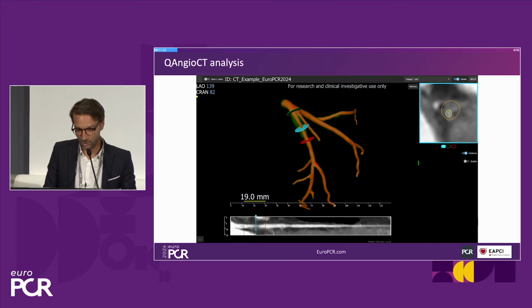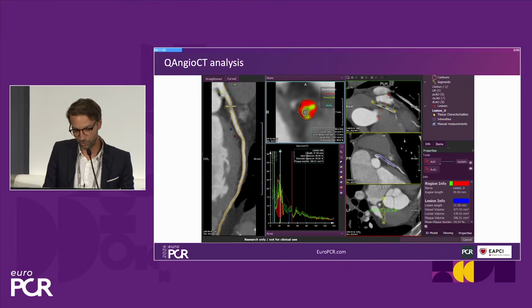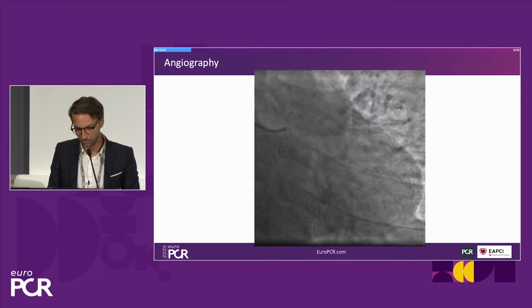The Q-angio-CT analysis of this patient showed a low-density lesion of the proximal LAD. When we go deeper with this analysis, we can notice that the plaque tissue is made of a massive confluent necrotic core and fibrofatty tissue, suggesting a vulnerable plaque in this proximal LAD.